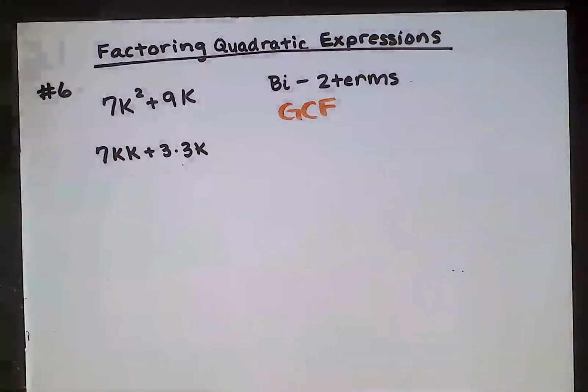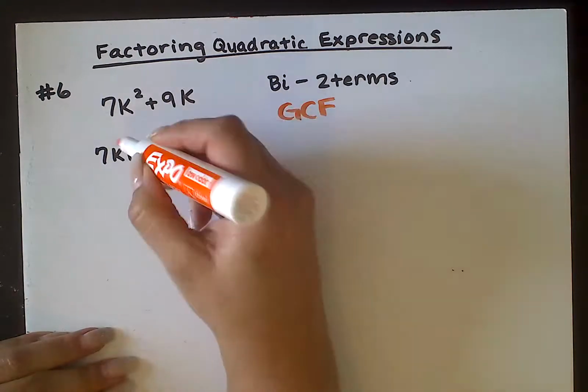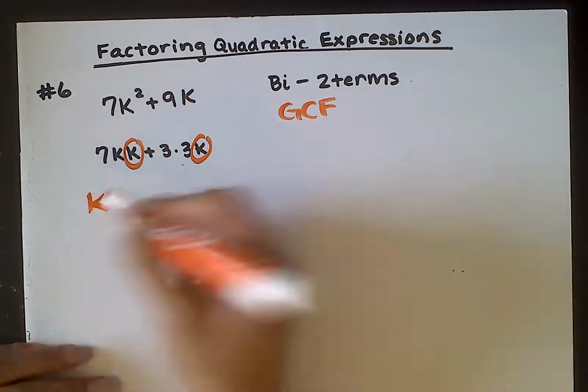So what do you believe their GCF is? Oh, well, now that I've expanded it, I see that they both have K in common. So K is actually their GCF.